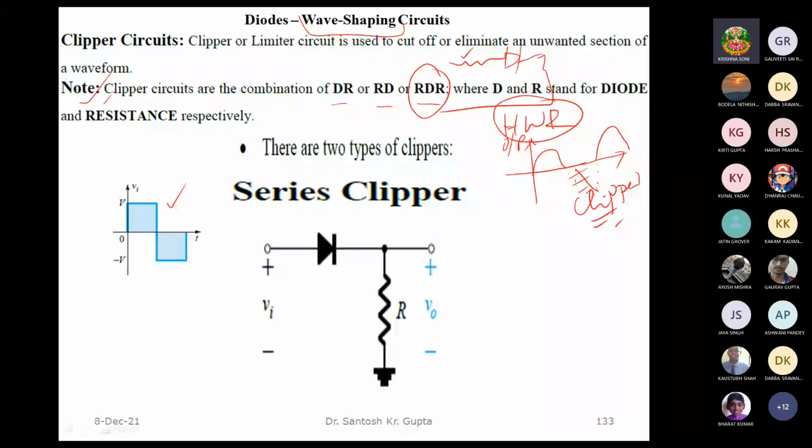As soon as it is forward biased, we can replace it by a short circuit and analyze.